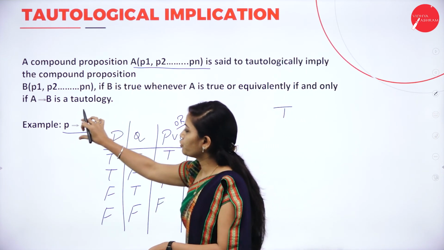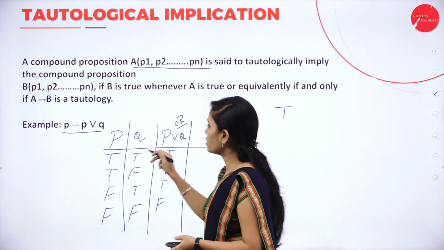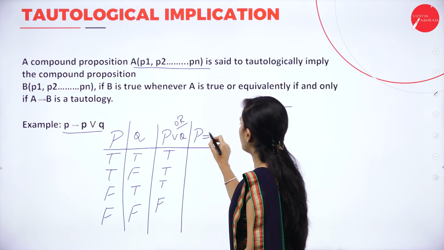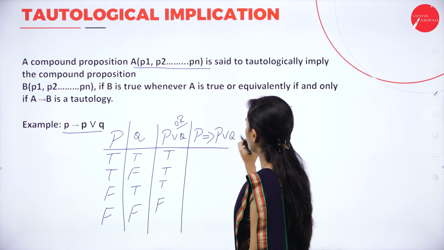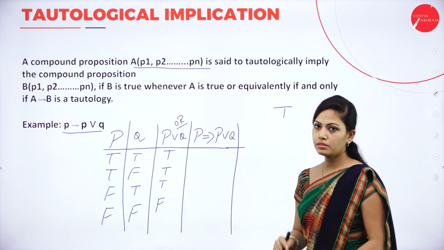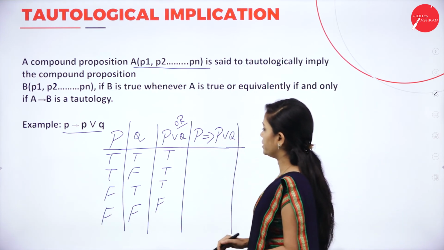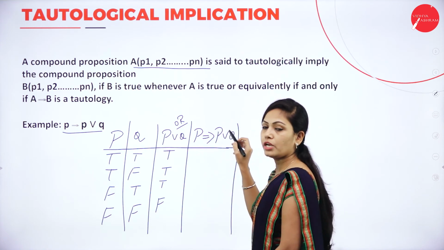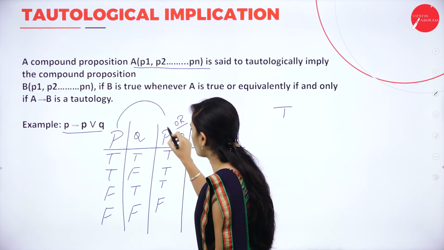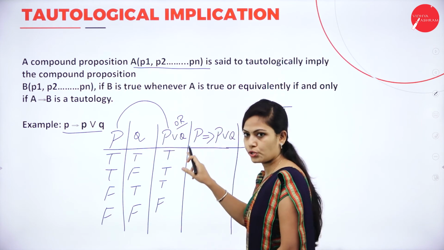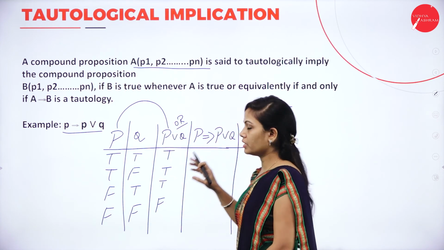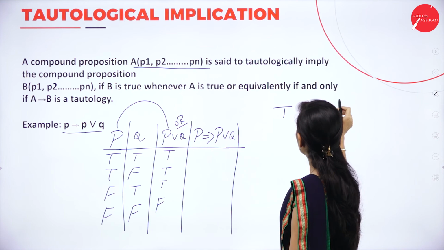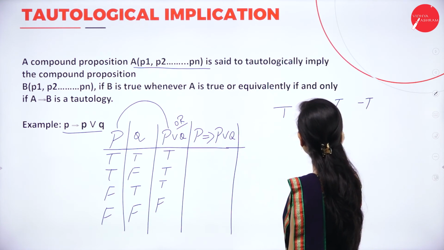And finally, we have to find P implies P or Q. So what are the truth values of this statement? P implies P or Q. You just check these two columns, P and P or Q. In implication, true, true means it is true.